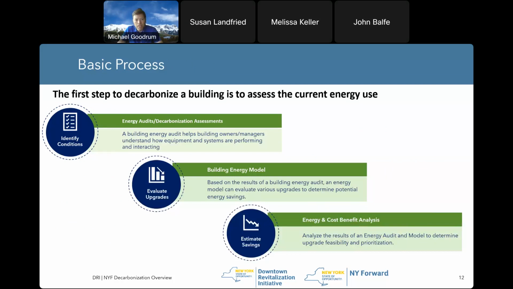And then from there, moving to a building energy model to help you evaluate some different options, right? And solutions that you could have. So taking the results from the energy audit and the information you collected to make sure you have a good model that actually represents how the building uses energy. And then from there, using that to do some cost benefit analysis for different potential strategies or measures, and figuring out which might be the best for that particular building and for your project.